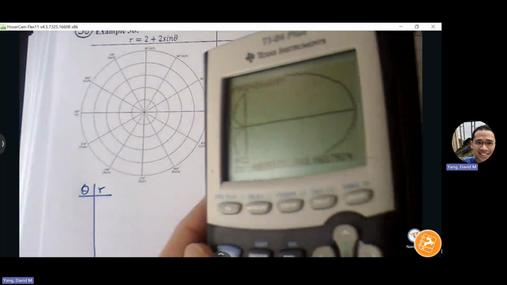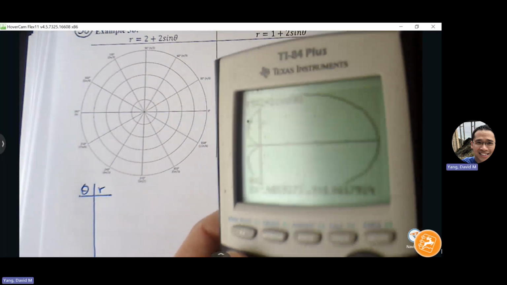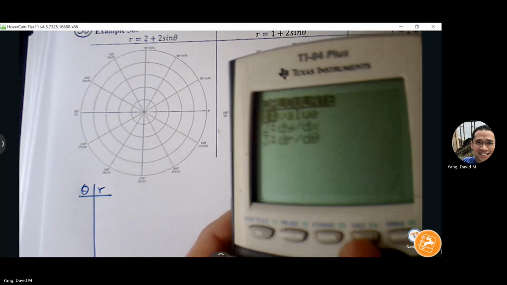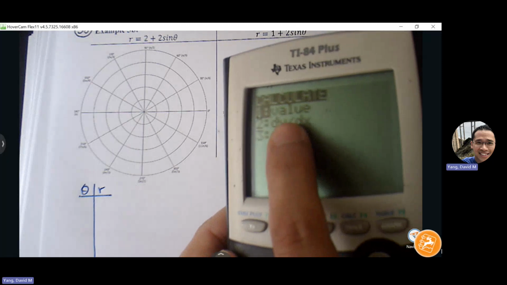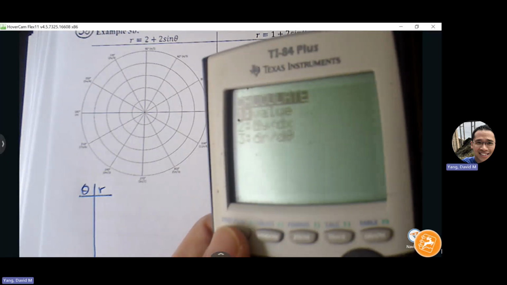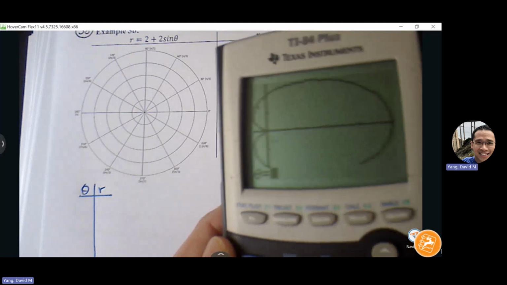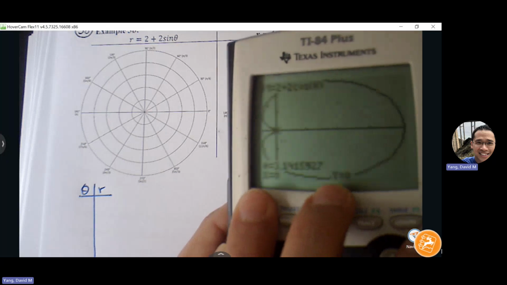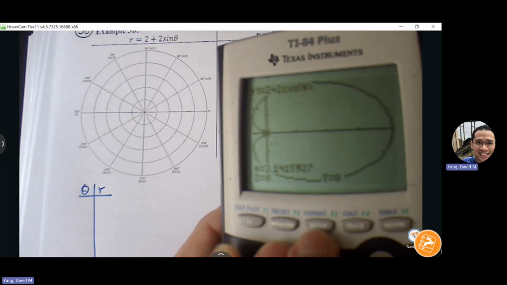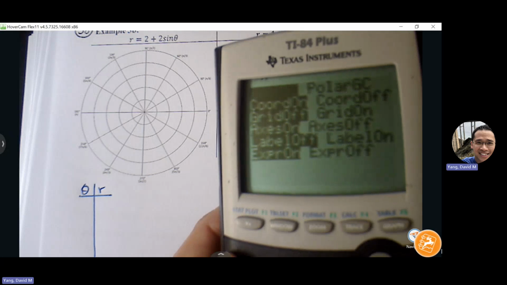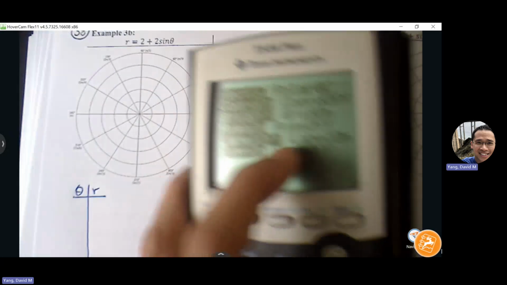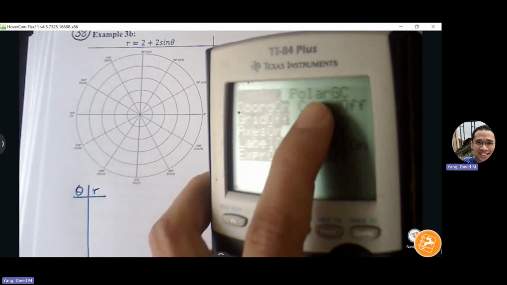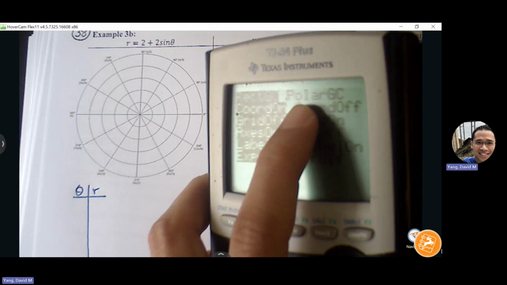Oh, I do want to show you, if you wanted to find out a value in terms of r and theta, you can do second trace value. But right now, if you do that, you're getting an x and y value out of it. So what we can do to get an r and theta to show up instead, if we do second zoom format, you can do polar graph coordinates instead of rectangular graph coordinates.